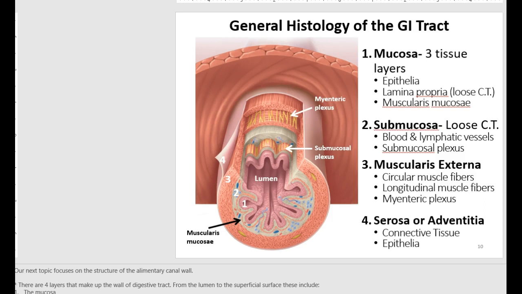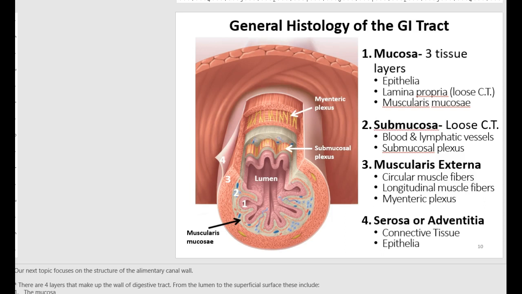The mucosa consists largely of epithelial tissue, and it varies from stratified squamous in the oral cavity to simple columnar in the stomach. The mucosa also contains a thin layer of smooth muscle called the muscularis mucosa, just to be confusing. The submucosa consists largely of loose connective tissue.